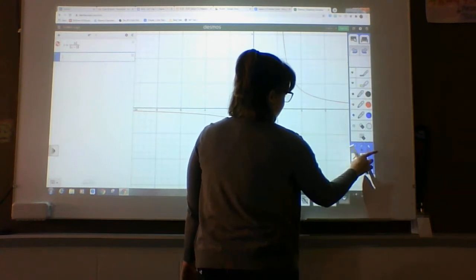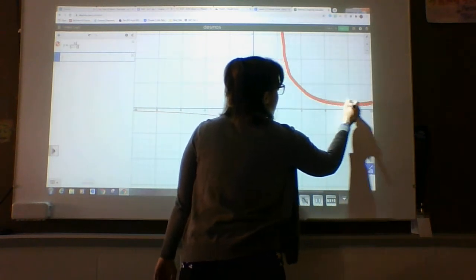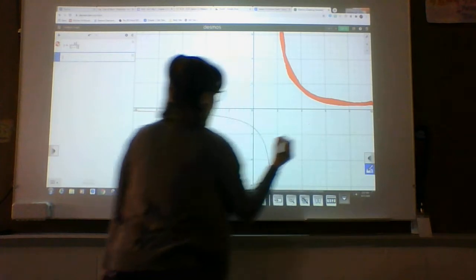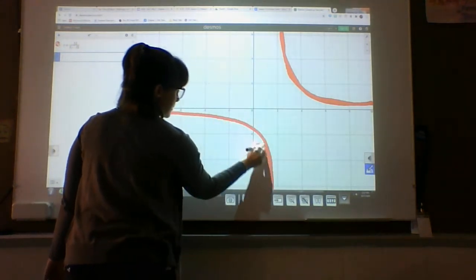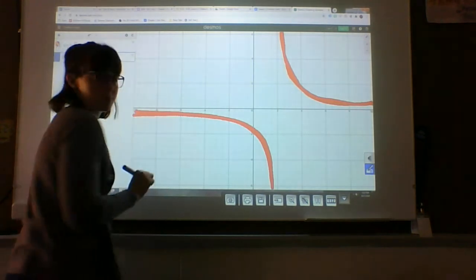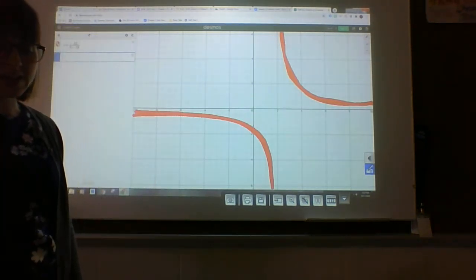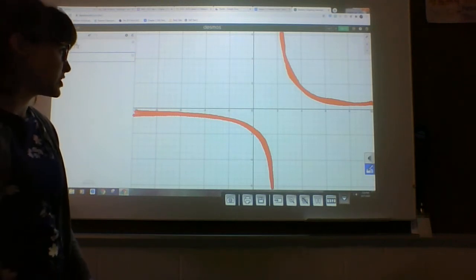Okay, so as you can see, we've got something like this, and something like this. So this is our graph, and it says we want to find the limit of this function as x approaches 2.